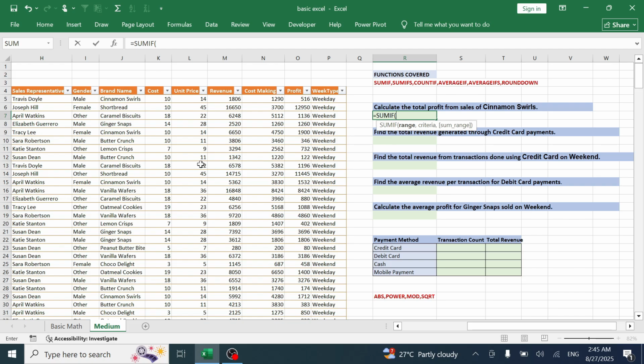By the way, the table name is bakery, and the column we need to select as the range is brand name. And now we need to give the criteria. In criteria we need to give this brand name, cinnamon.